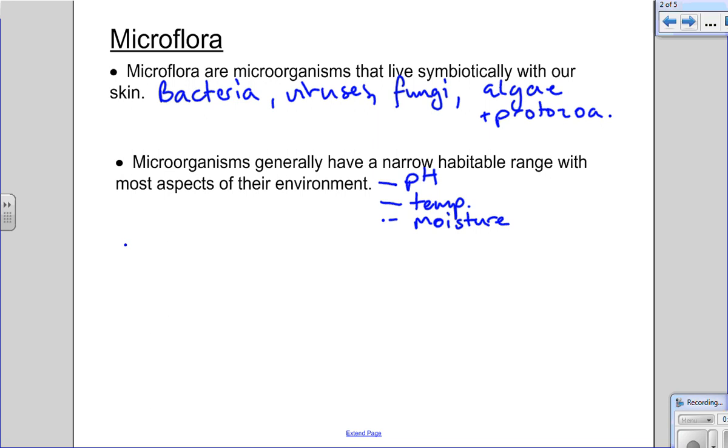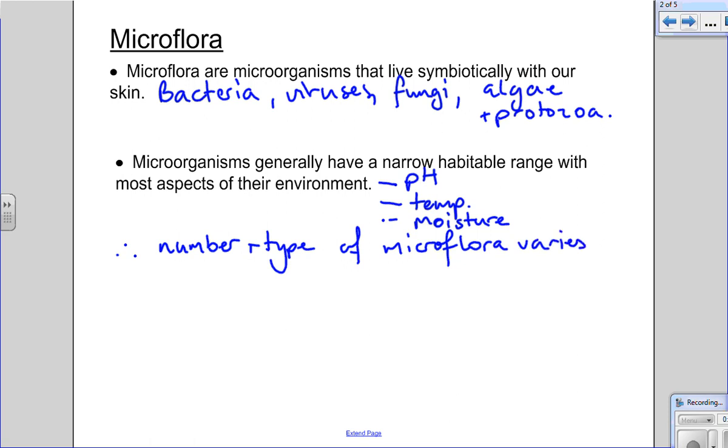Therefore, the number and type of microflora varies in each environment.